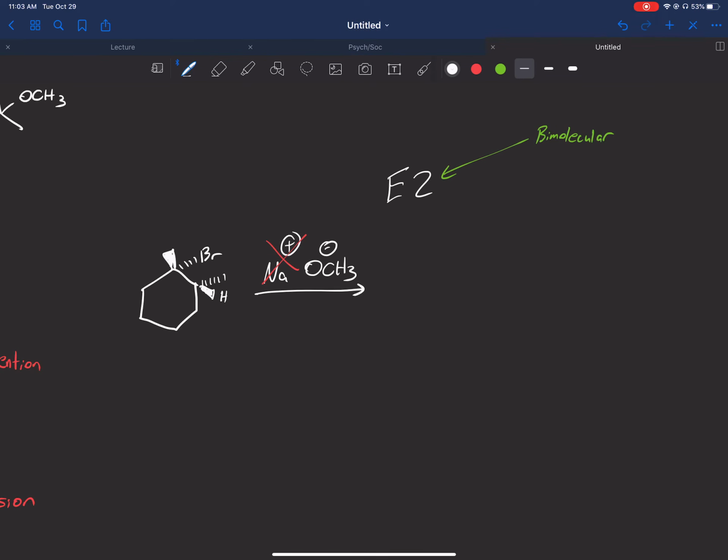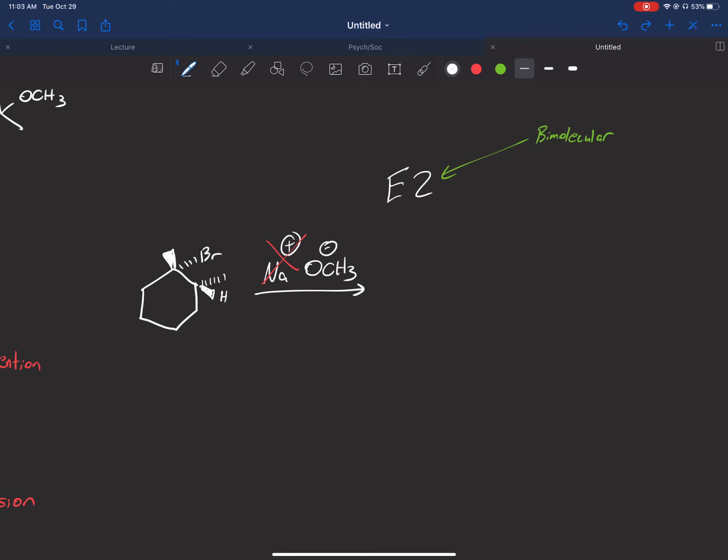Now, the very important rule in E2 is that the hydrogen that you are grabbing and the leaving group that it is kicking off must be opposite stereochemistry. So if your Br is dashed and your hydrogen is wedged, that works, right? And remember, we look at the hydrogens on adjacent carbons, not a hydrogen on this carbon, because our leaving group is there.